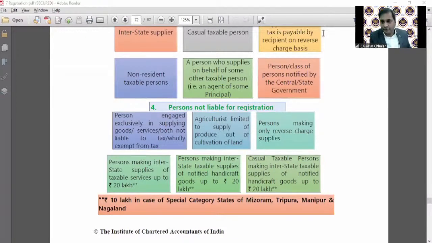Waiting for your confirmation, please. Yes, sir. Yeah, base same hai. Absolutely correct. Base is same.